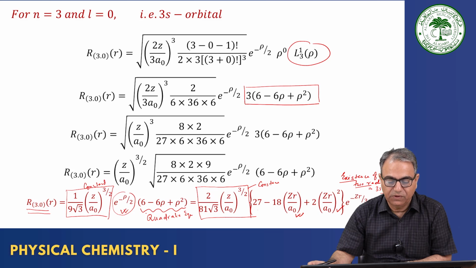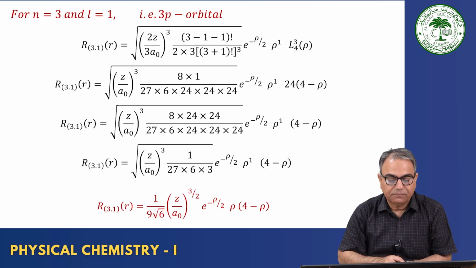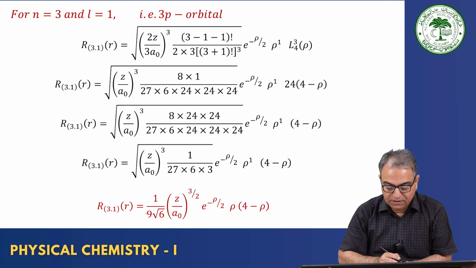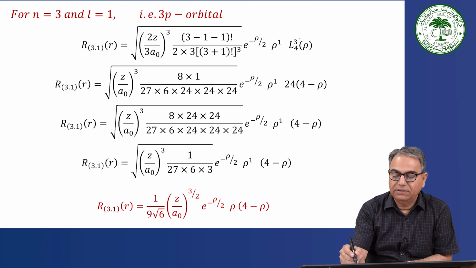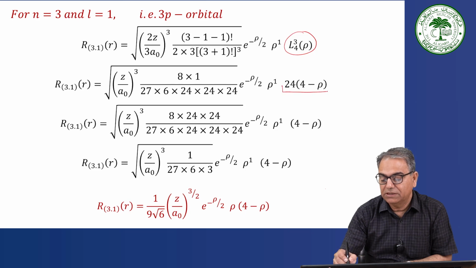Okay, for 3p orbitals, the associated Laguerre polynomial you require is L4,3 of rho, and this is actually 24 multiplied by 4 minus rho.